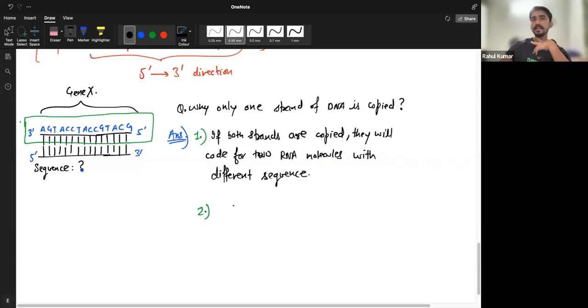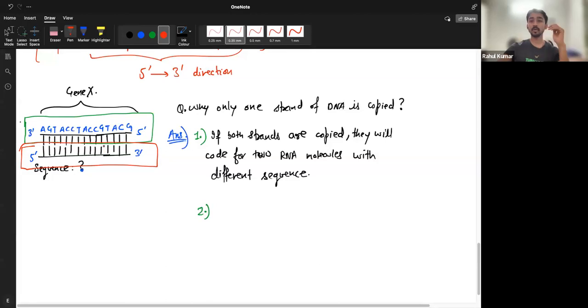But the other reason that it also cannot happen is, see, RNA is single-stranded or double-stranded? It's a single-stranded molecule, right? And if there are two single-stranded molecules having complementary sequence, so basically the RNA that you will make from this strand marked in green will be same as the sequence of this strand, which is marked in the red, correct?